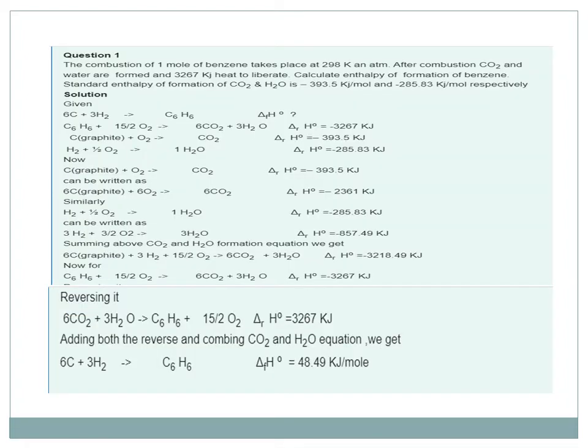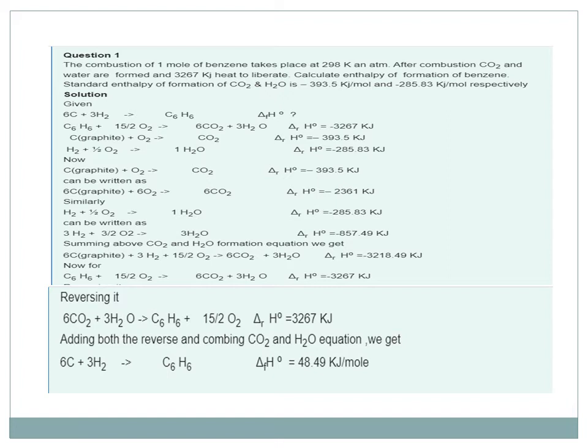Let us start one question. The combustion of 1 mole of benzene takes place at 298 Kelvin and 1 atmosphere. After combustion, carbon dioxide and water are formed and 3267 kilojoule heat is liberated. Calculate the enthalpy of formation of benzene.